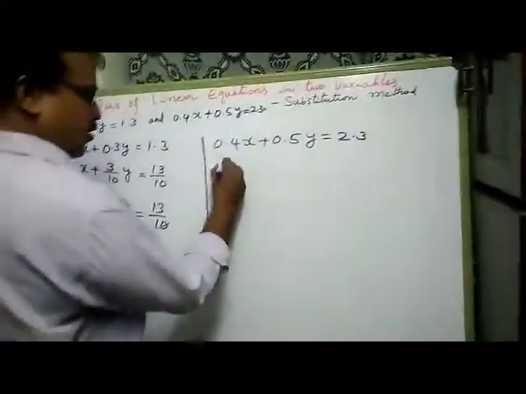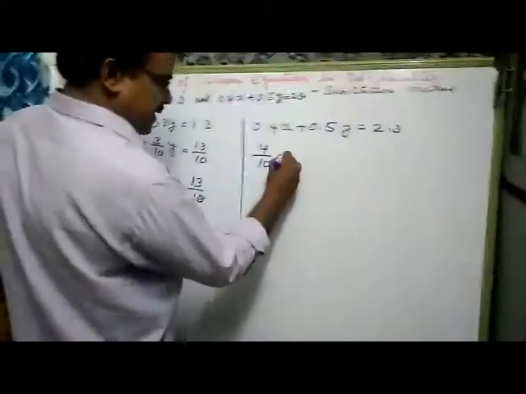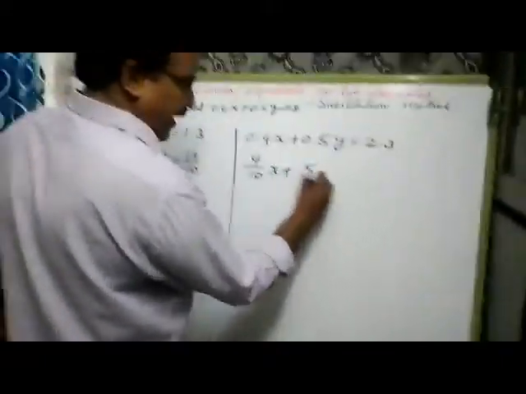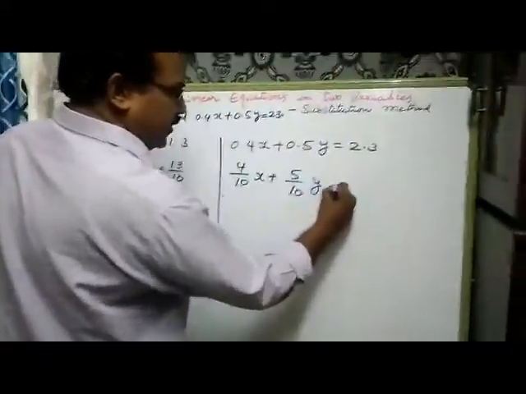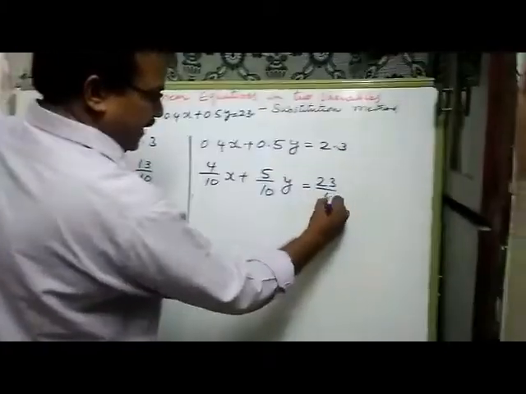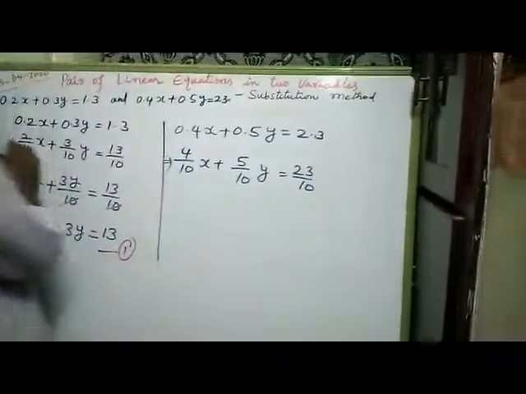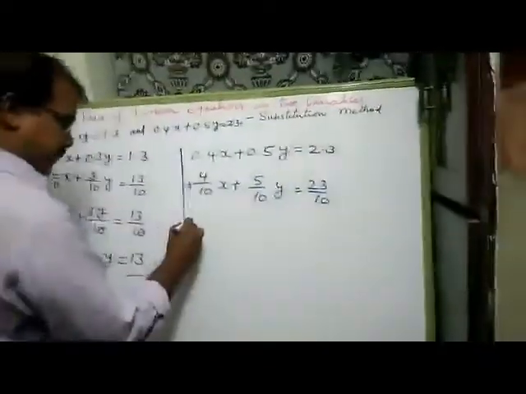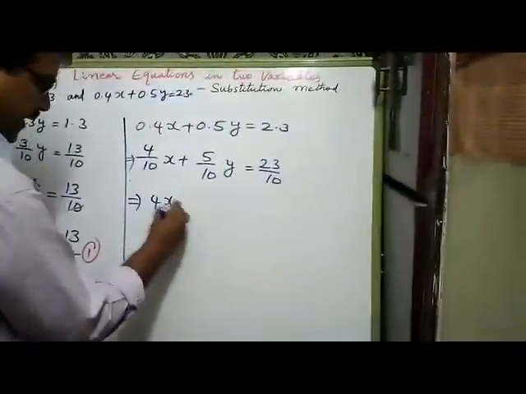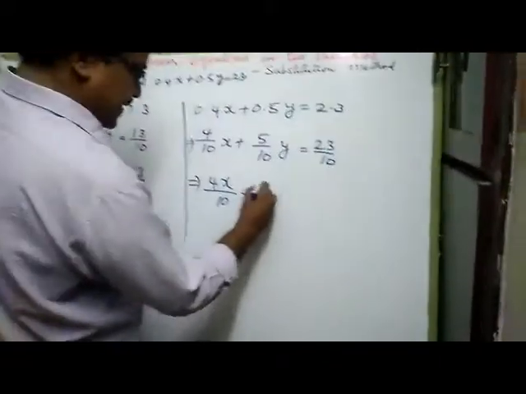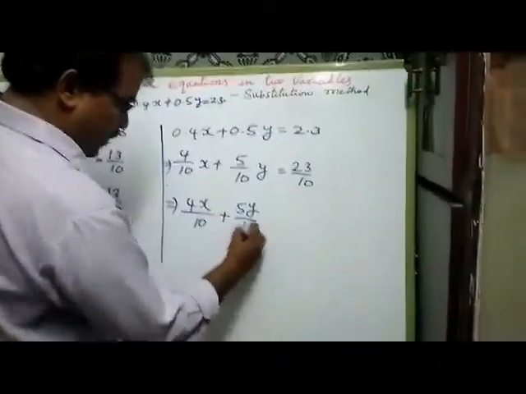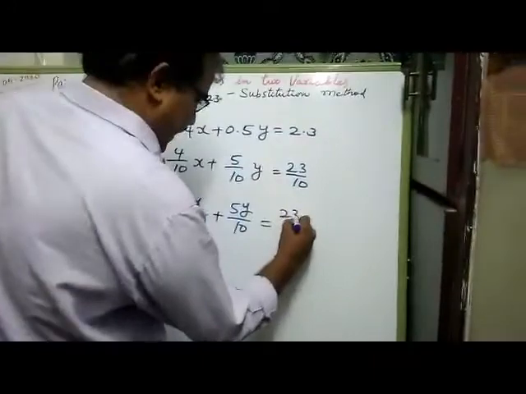This is nothing but 4 by 10 of x plus 5 by 10 of y is equal to 23 by 10. That implies 4x by 10 plus 5y by 10 is equal to 23 by 10.